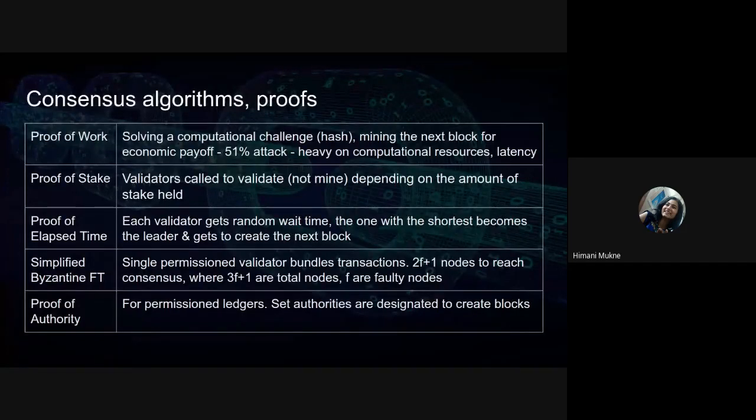So the nodes here, the participants here, instead of being called miners, are called validators. And the choice of validators is also made depending on the amount of stake they have. So if, for example, I have 2 units, and if somebody else has 1 unit, then I get precedence over that other person in being a validator.